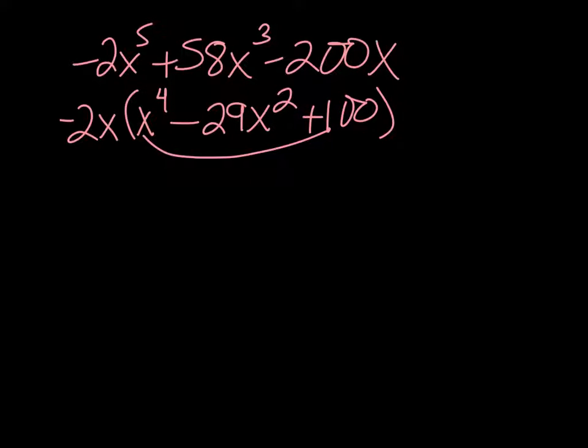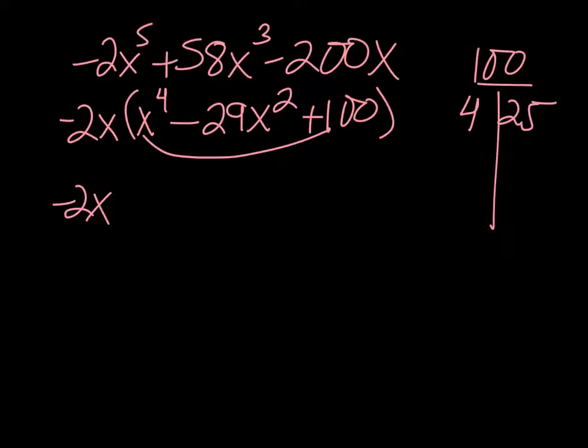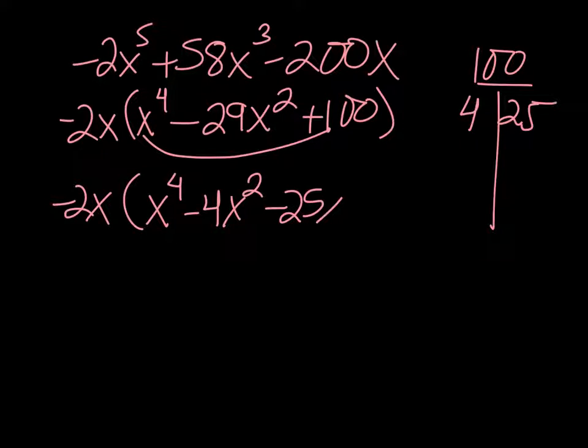So your x to the fourth and 100. In this case, it's just 1 times 100, so we're just looking at 100. And we already said before that our factors that sum to negative 29 are 4 and 25, so I'll just go ahead and write those down. So to do factoring by grouping, instead of using the box, what I would do is have x to the fourth minus 4x squared minus 25x squared plus 100.